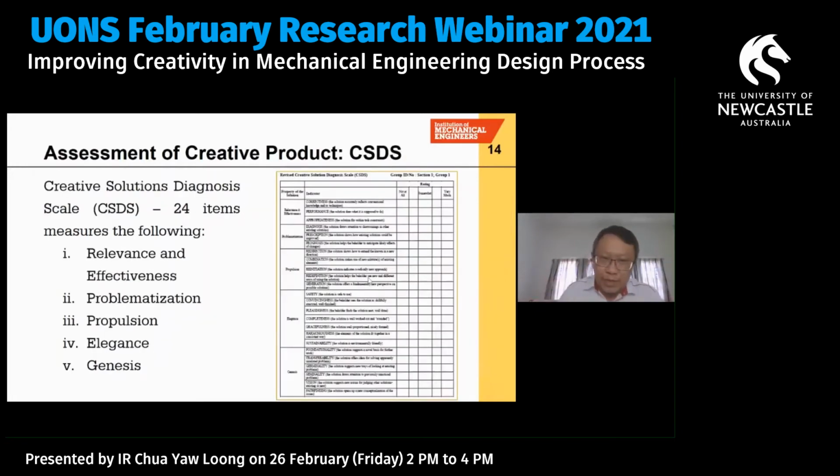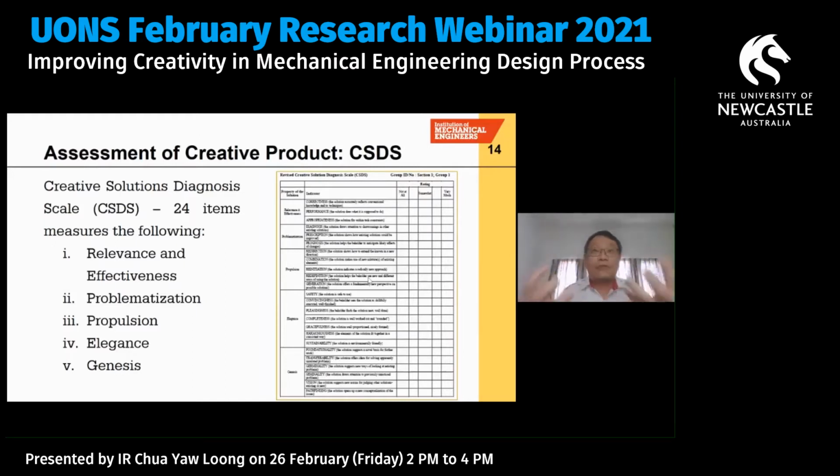For creative product, Professor Dr. David Cropley came up with this inventory. Okay, this inventory called the Creative Solution Diagnosis Scale. That consists of 24 items that measure again 5 items here. These 5 items, as mentioned here, is relevance and effectiveness.